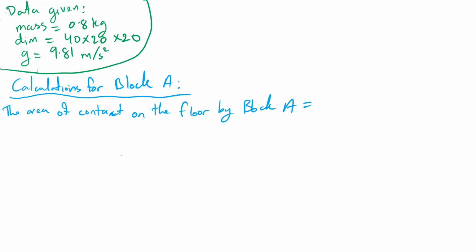Once we convert cm into meters, 40 cm becomes 0.4 meters. That's how we get 0.4, of course. So it'll be 0.4 meters times 0.2 meters. And that will definitely give 0.08 meters squared once you plug that into your calculator.